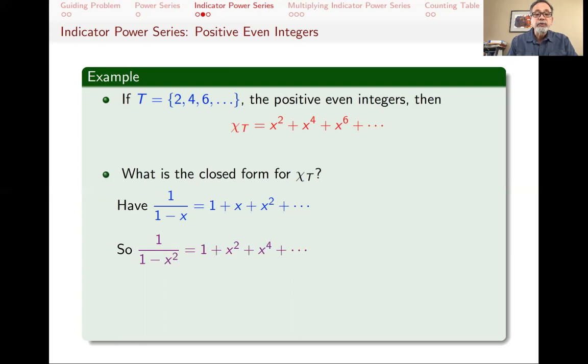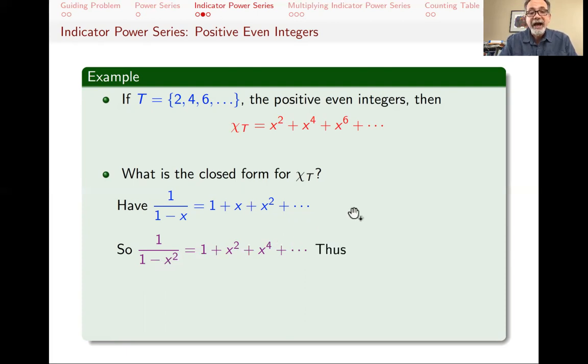And so if I want even powers, instead of x, I plug in x squared. Wherever I see x in here, I put x squared, and I get 1 over 1 minus x squared on the left-hand side, but on the right-hand side, I get 1 plus x squared plus x to the fourth, and so forth. This is almost what I want. It has an extra 1, so I could subtract that 1, or I could multiply both sides by x squared.